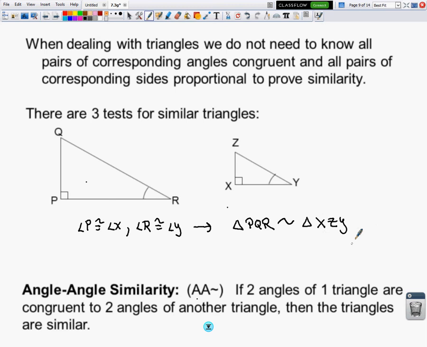And the reason that this would be true is angle-angle similarity.